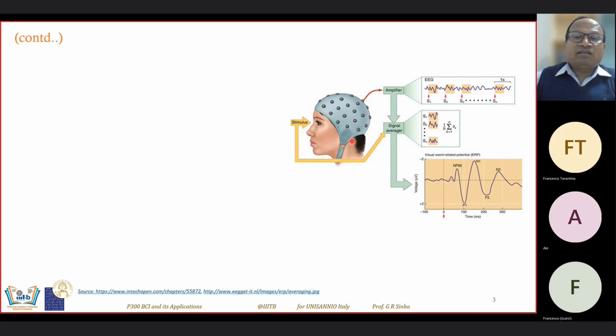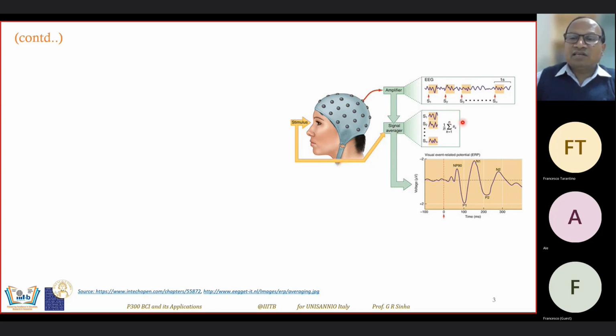Look here, the person actually watches or sees a certain stimulus, and that stimulus causes a certain response coming from the brain, and it goes to a signal processing circuit. So say we have the EEG signal, then it goes to signal processing.